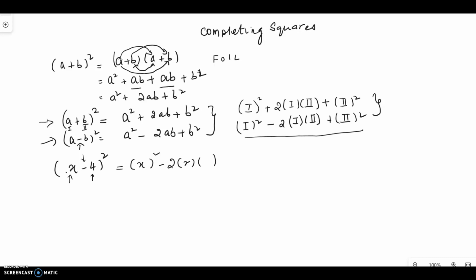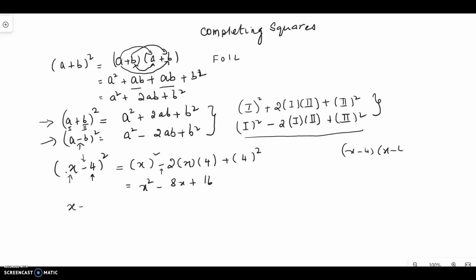And what are the two terms? X and 4. The minus has been taken care of. Plus, we square the second term. What's our second term? It's a 4. So what do we get? X squared minus 8x plus 16. So we've multiplied x minus 4 times x minus 4 very quickly using this formula or a special product.